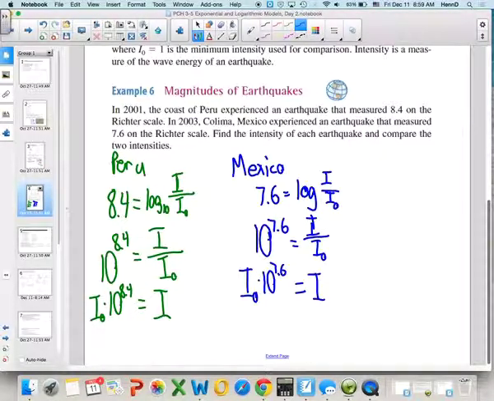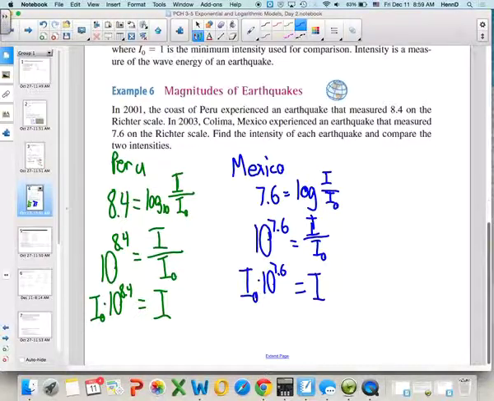Okay? Now, how would we compare these if we're trying to compare them? Plug in a value for I sub naught. And keep it the same for both. Yeah. We could, but I mean, what would you do with that then? I mean, when we're talking about a mathematical comparison, what are we talking about? Ratio. A ratio, okay?